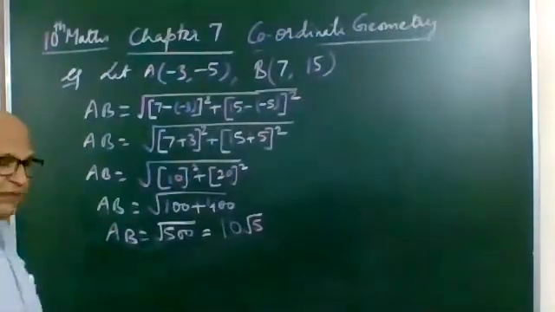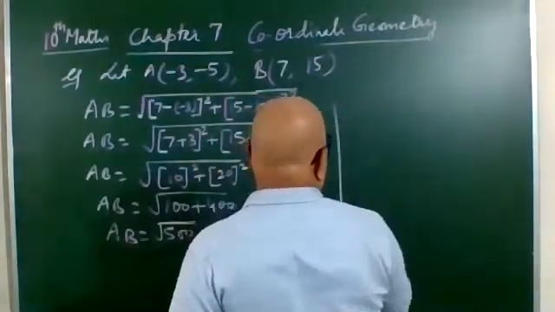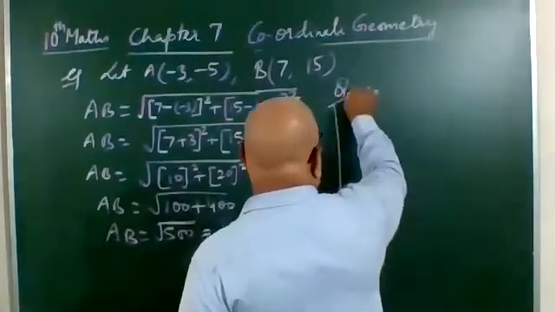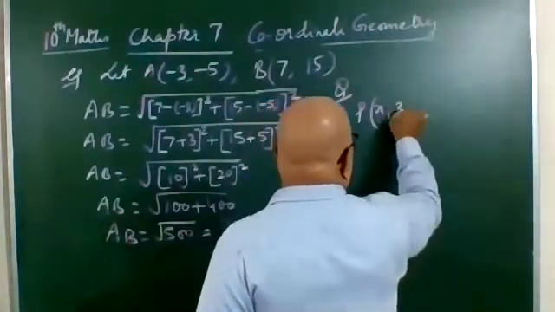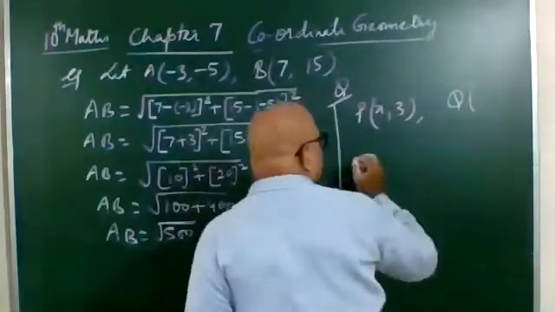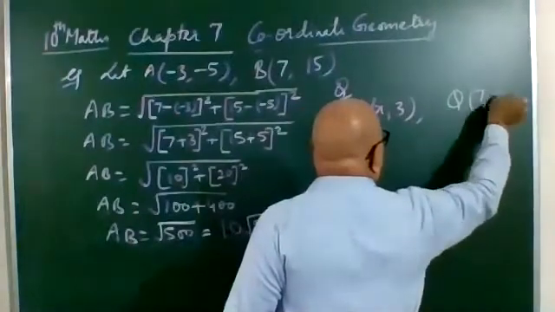After this, sometimes it comes like this. P (x, 3), Q (7, y).